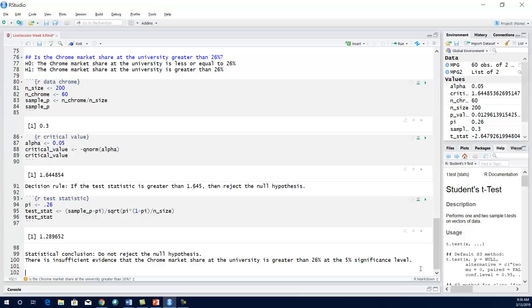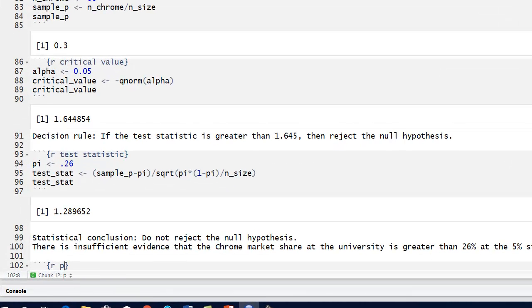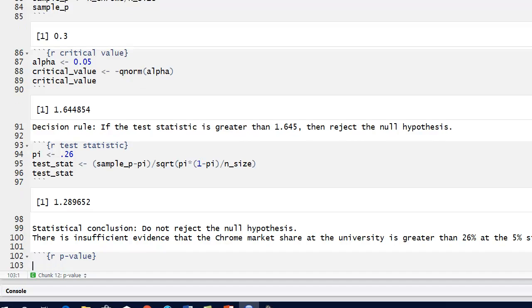If we use the p-value approach, let me calculate the p-value. This is an alternative, and we're going to get sort of the same result. If we want, we can write the decision rule for the p-value approach.